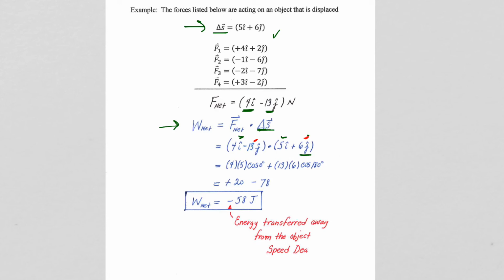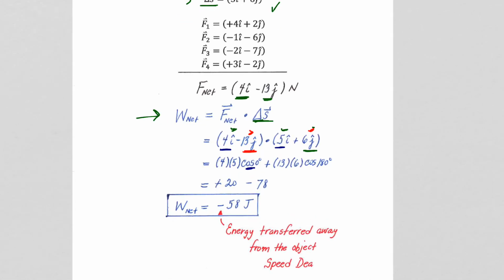And my two x's are in the same direction, so I get a cosine of 0. My two y's are in opposite directions. The 13 is down, y direction, down, and the 6 is up, so that's why we get the cosine of 180, and I get 20 minus 78, which is negative 58 joules.